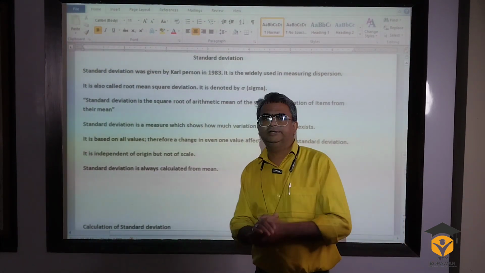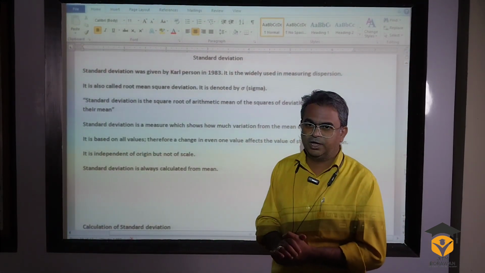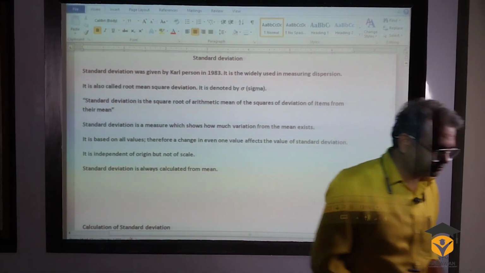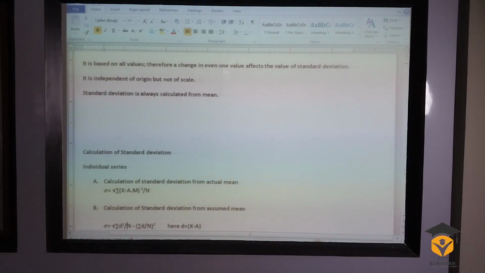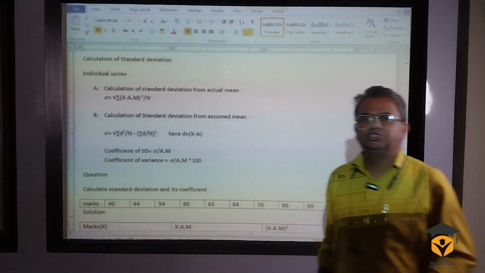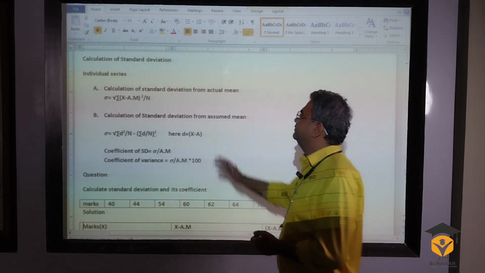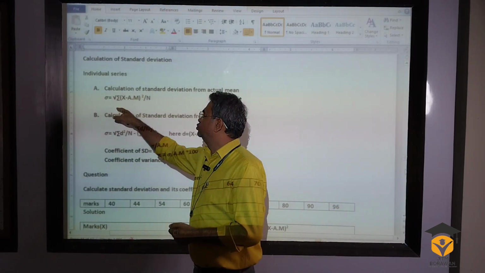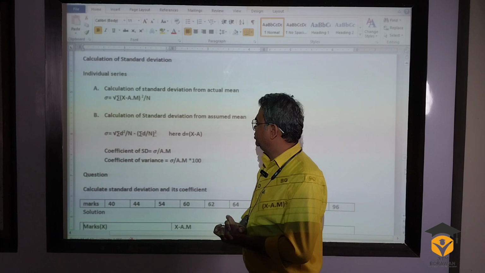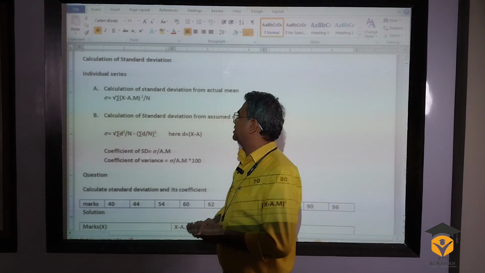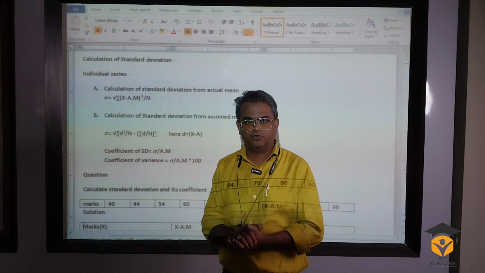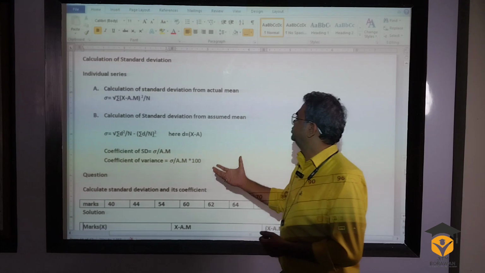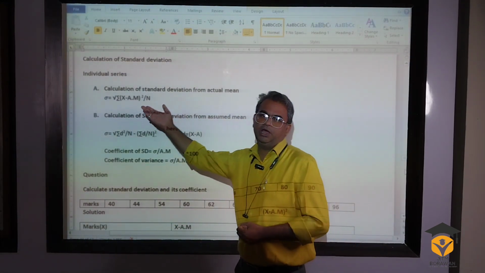Now we will see the types of formulas being used in individual series, discrete series, and continuous series. Friends, in case of individual series, we have the formula sigma equals the square root of summation (x minus x bar) whole square, divided by the number of observations, capital N. If we want to calculate standard deviation from the actual mean, we have this formula.